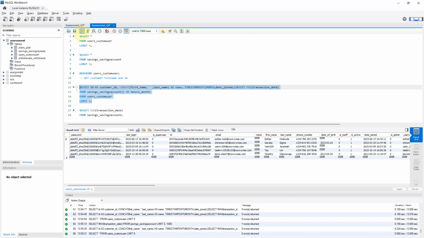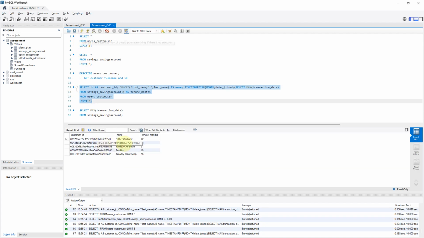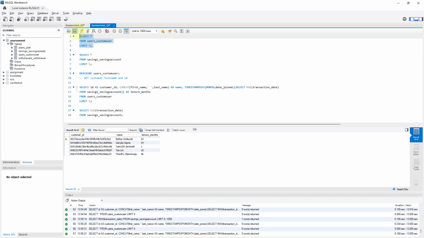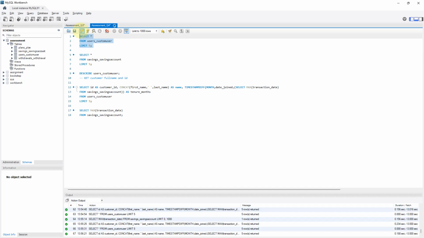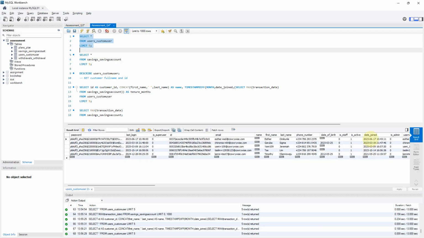Yeah, 22 months. So it is correct. Just a litmus test to see if whatever we did was actually correct.